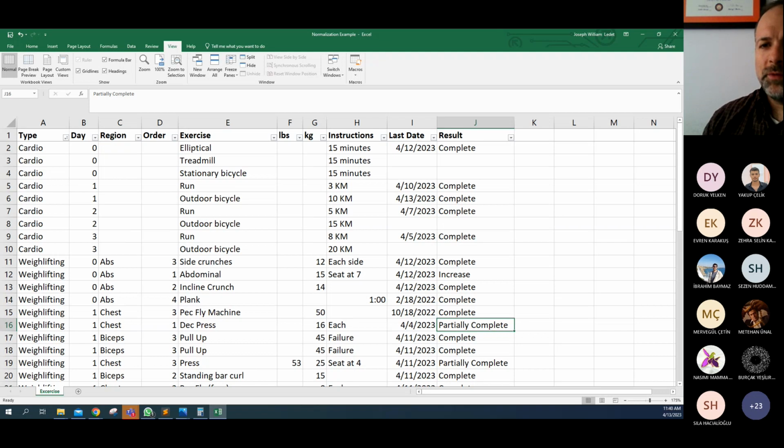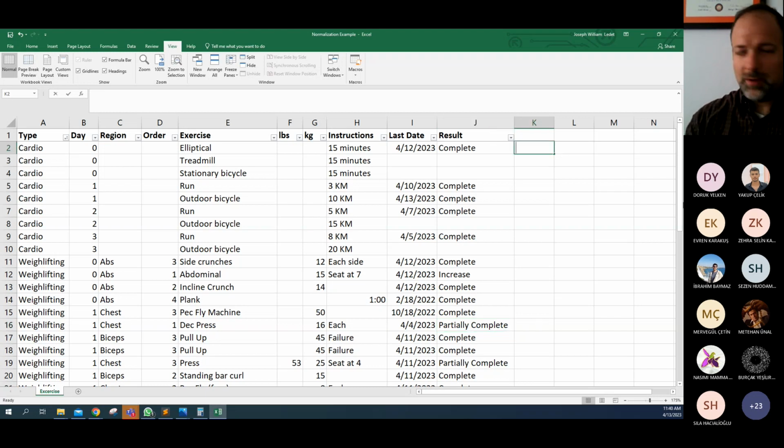Okay. So back to our columns: A, B, E, and C. So we could say the combination of B, C, and E determines A, D, F, G, H, I, and J. Okay.